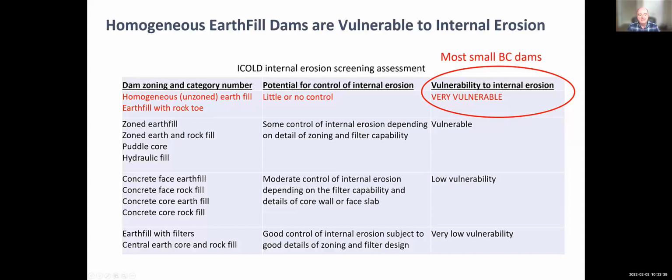You may have earth fill with some rock shells or rock toe, but if your dam is of that construction, that sort of type of dam, like this little table says, the potential to control internal erosion is quite limited.